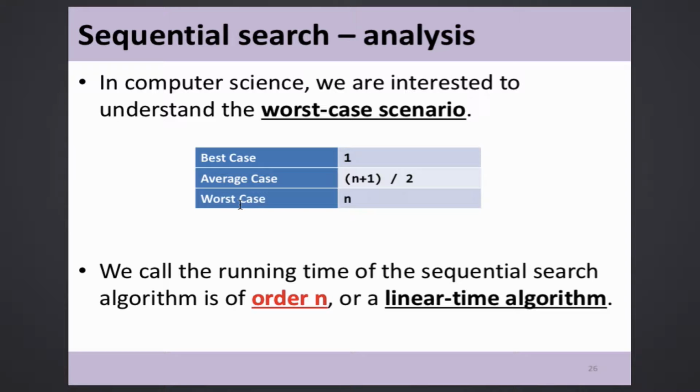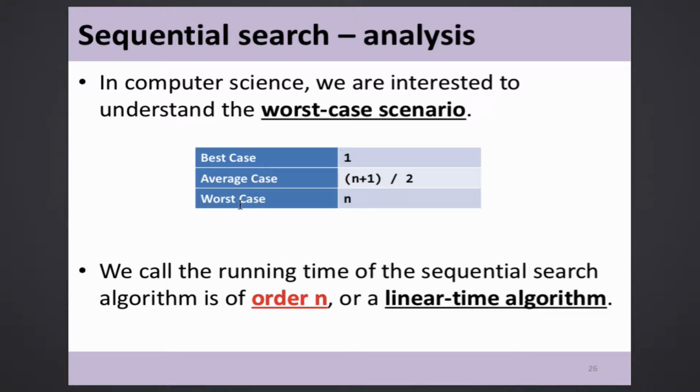Now for computer science, for any topic, when we talk about the design of an algorithm, we always look at the worst case, because this is the time that you may need to spend, and it is the longest time, the worst case scenario. With the worst case scenario, how do we measure the performance of this algorithm?